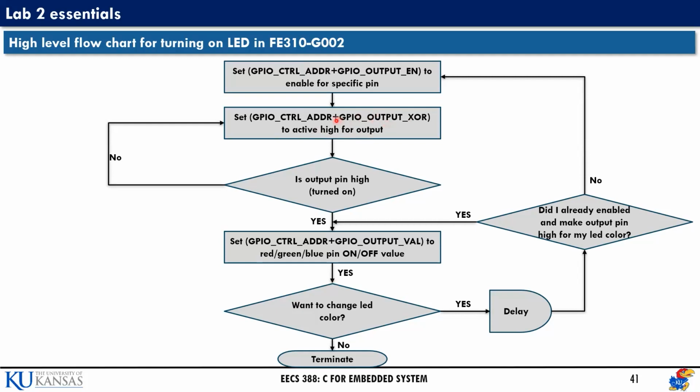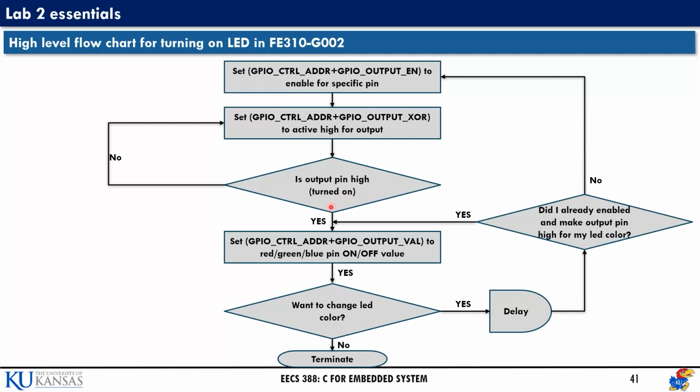Basically we are setting the value in this output XOR register. We are making it active high. If you follow the code, you will see how we made the active high for this output register.